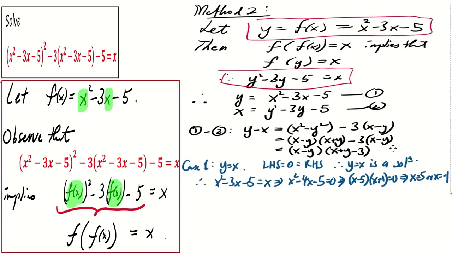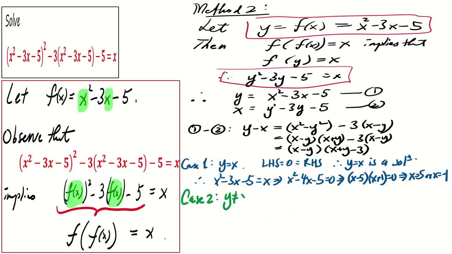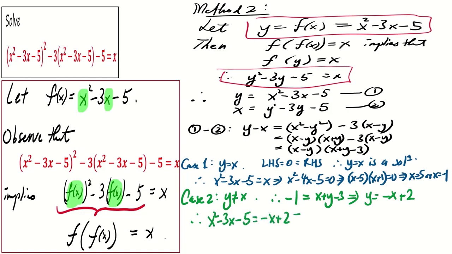So for case 2, y not equals x. Therefore, we can cancel both sides of the equation by x minus y. From the left-hand side, we obtain negative 1, and from the right-hand side, we obtain x plus y minus 3. This means that y equals minus x plus 2. And therefore, x squared minus 3x minus 5 equals negative x plus 2, which means that x squared minus 2x minus 7 equals 0.